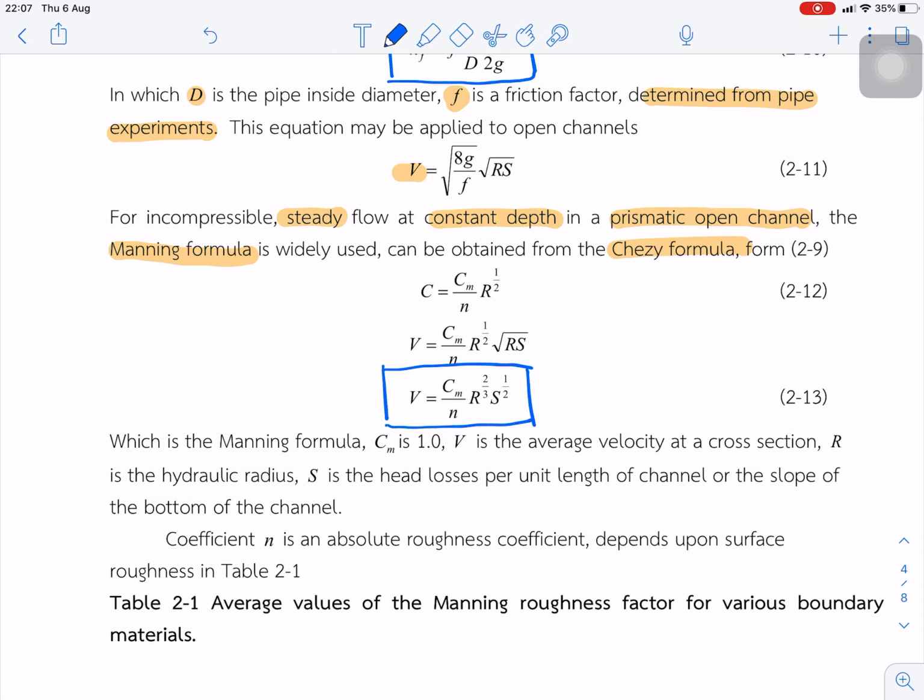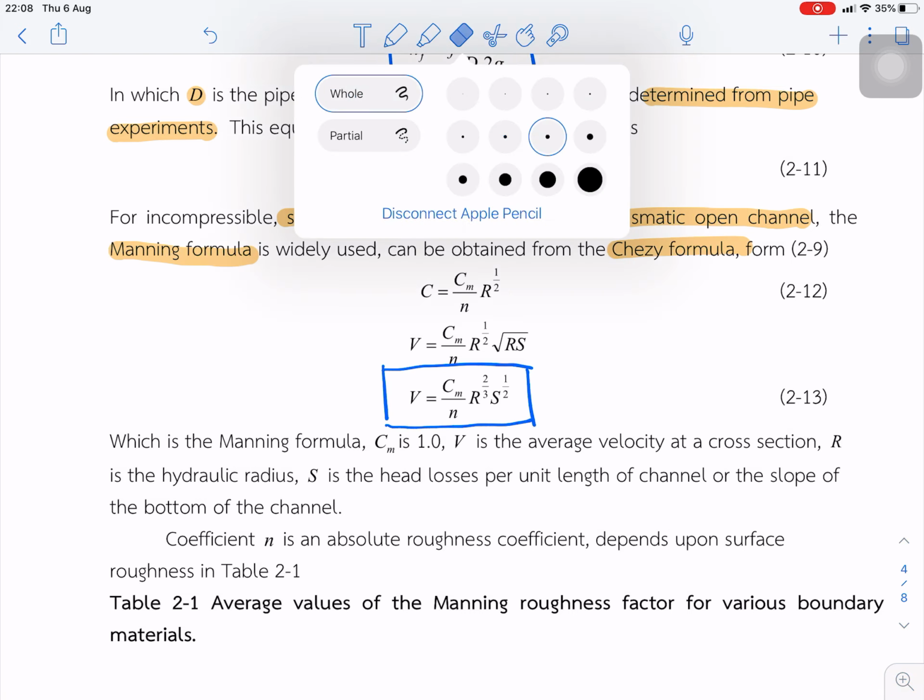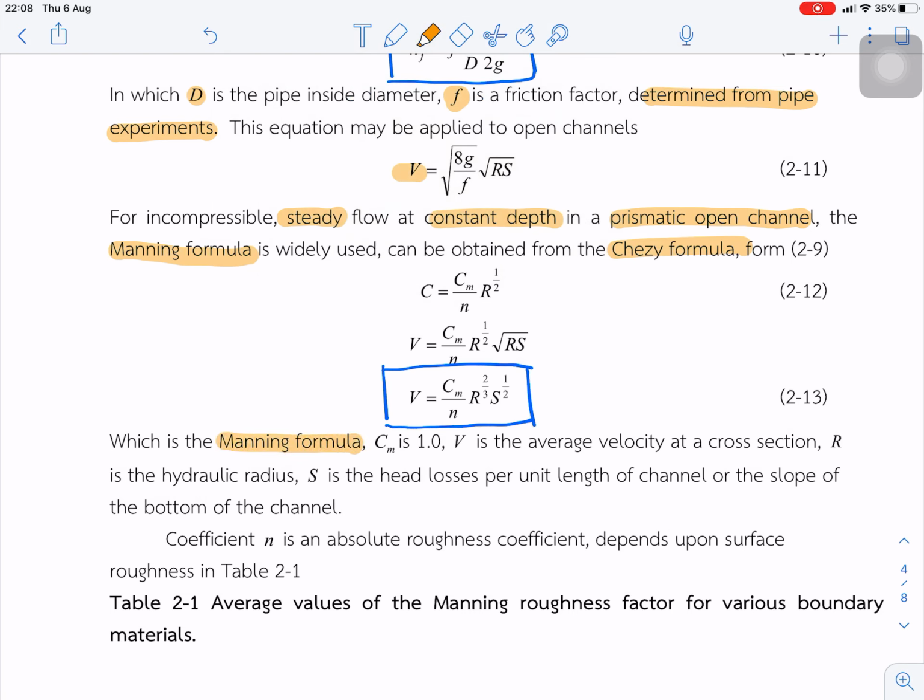This is the Manning equation, the Manning formula.